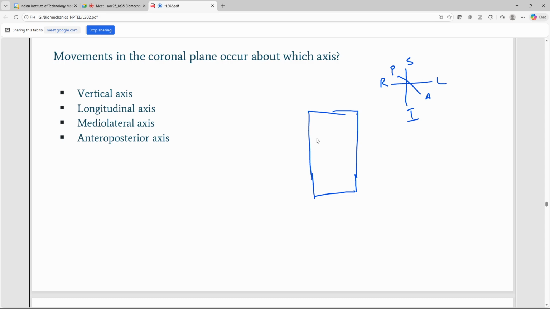The coronal plane consists of superior, inferior, and right to left. This plane, these axes lie on the coronal plane, and the axis perpendicular to the coronal plane will be the anterior posterior axis.